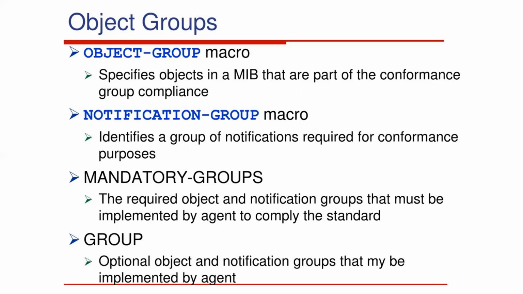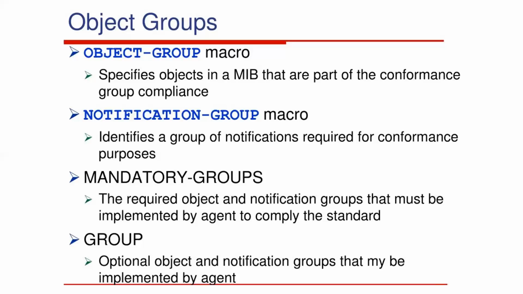Then the notification group macro, which contains notification entities, or what was defined as traps in version 1. The notification group macro expansion in the table and diagram is done during implementation, not during runtime. So the value of an invocation of the notification group macro is the name of the group, which is an object identifier.